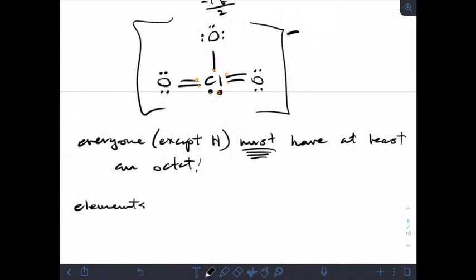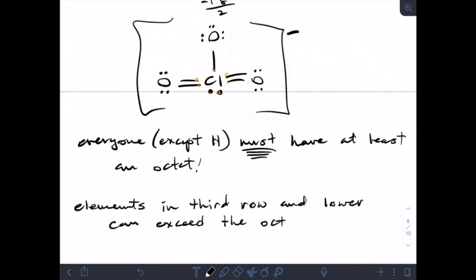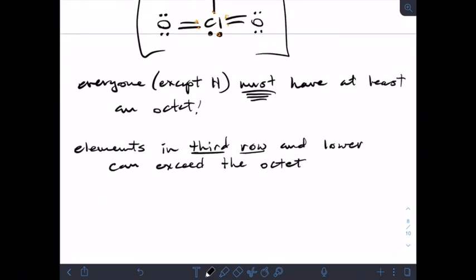But elements in the third row and lower can exceed that. Must be third row.